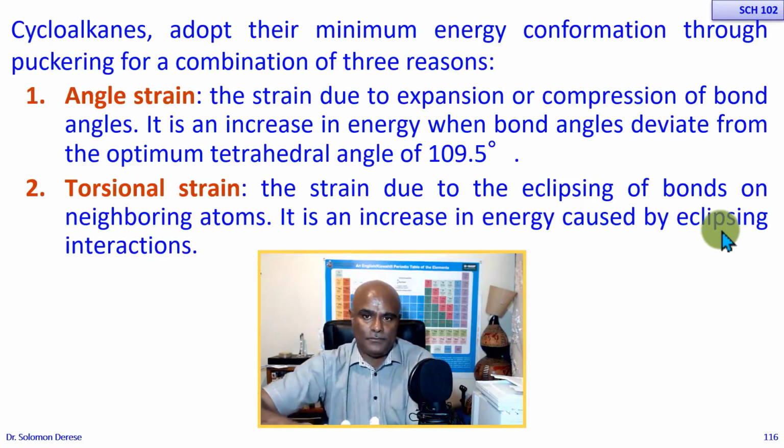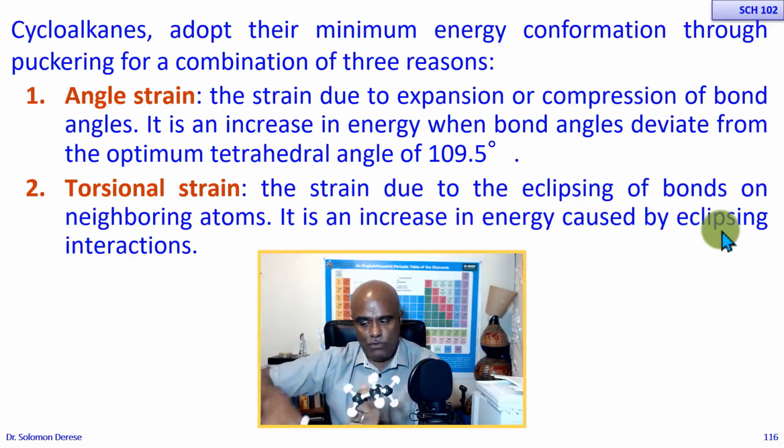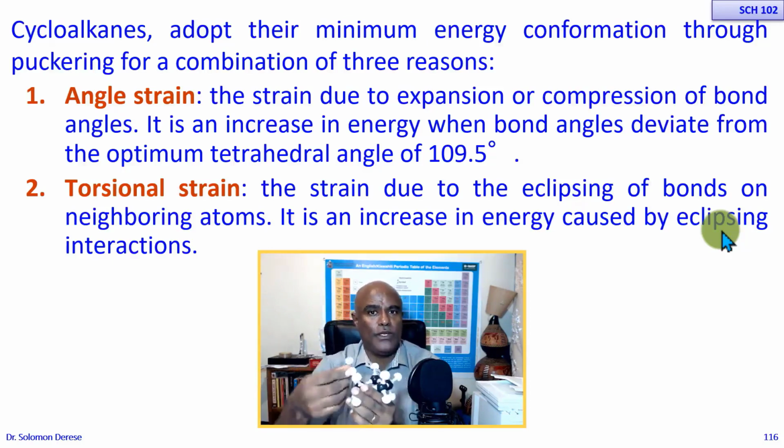for example, if I replace, instead of having a hydrogen here, which is the smallest element, and then we have this much distance between this hydrogen and this hydrogen, but if I replace this one with SCH3, which is now a larger group, as you can see, this hydrogen has become very close to it.